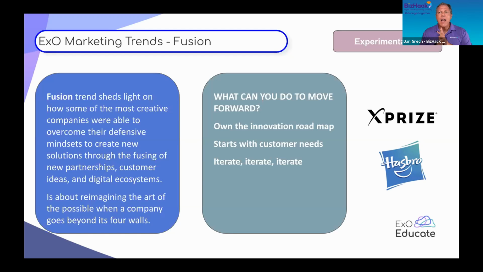And I think a lot of us small business owners, especially solo practitioners like me, hang on to that really tight, and we actually grow a lot slower than we might be able to, because by loosening up, bringing in partners and new ideas, we can grow faster. I think that's part of the idea behind fusion.